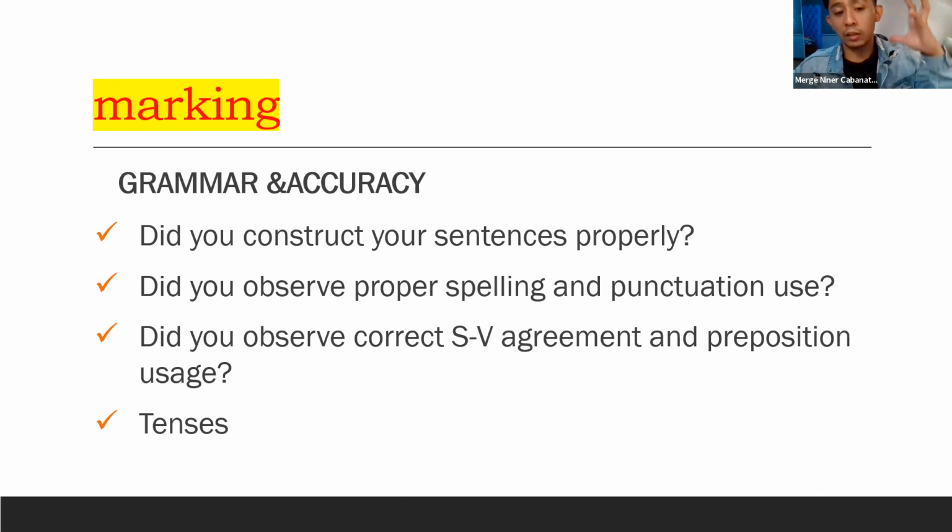Those are the criteria that examiners will use to assess your work and give you a band score of 0 to 9. Don't worry, you will not get 0. If you attend the exam and you just wrote your name, you didn't write anything, you will be graded with 1. So no one here will get 0.